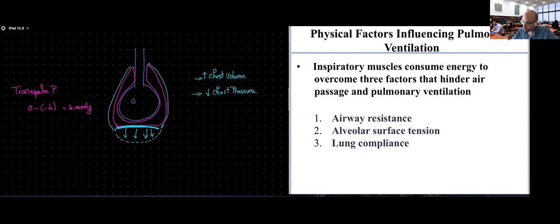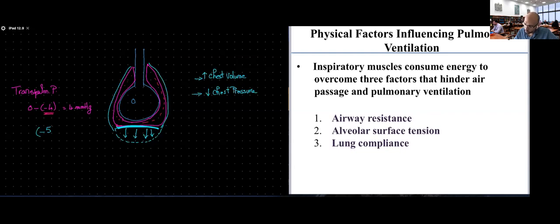Simply the intrapleural pressure. This is the pressure occupying my chest. So rather than being -4 during inspiration, what's going to happen to this pressure? This will drop to -5. Remember, -5 is lower than -4.